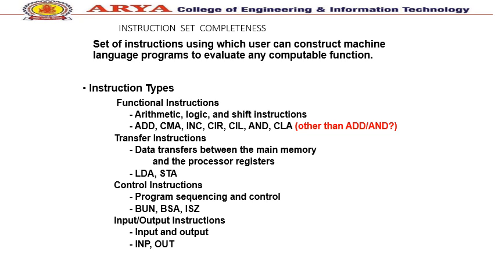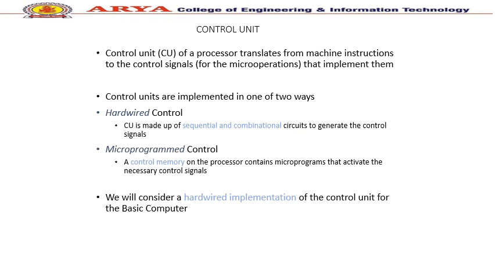For example, INP, OUT. Control unit: the control unit, CU, for a processor translates machine instructions into control signals for the micro operations that implement them. Control units are implemented in one of two ways: first, hardwired control unit; second, microprogram control unit.